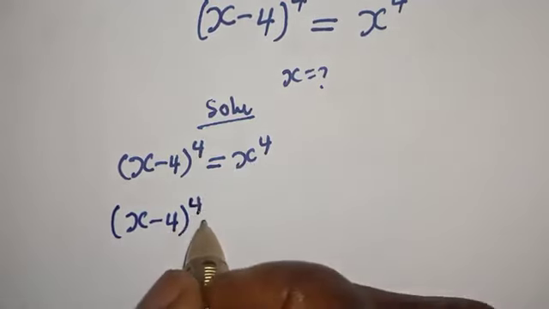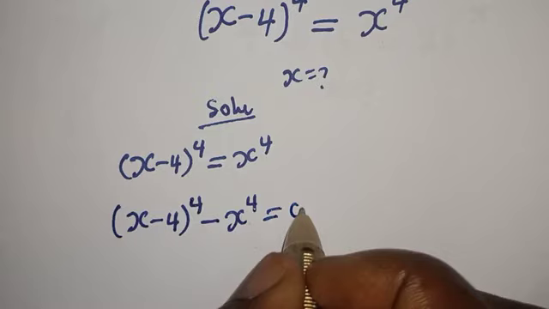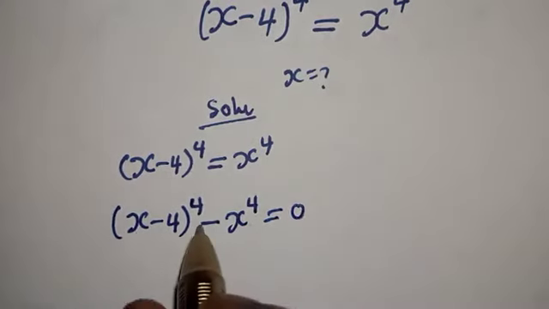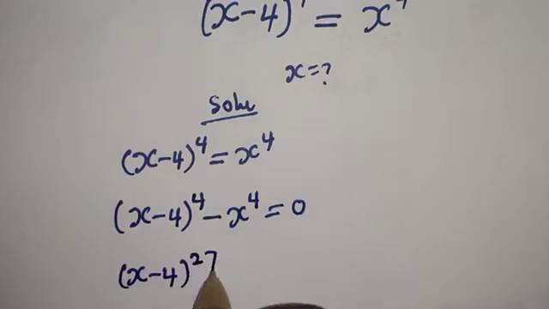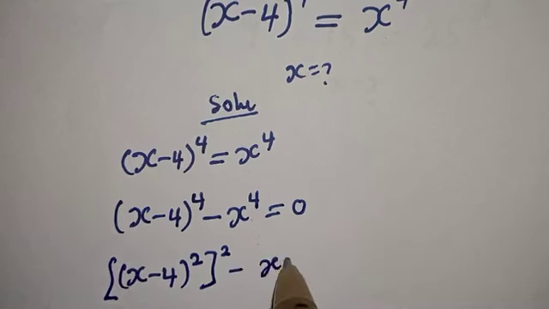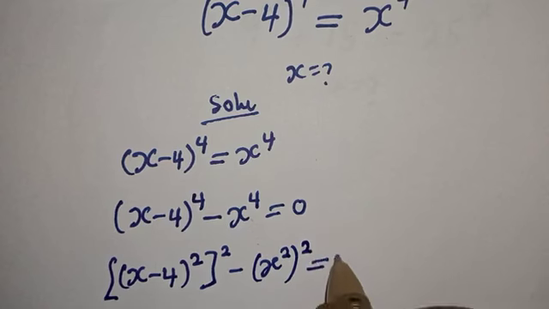If you bring this to this side, it becomes (s − 4)^4 minus s^4 is equal to 0. Now this can be written as ((s − 4)^2)^2 minus (s^2)^2 is equal to 0.